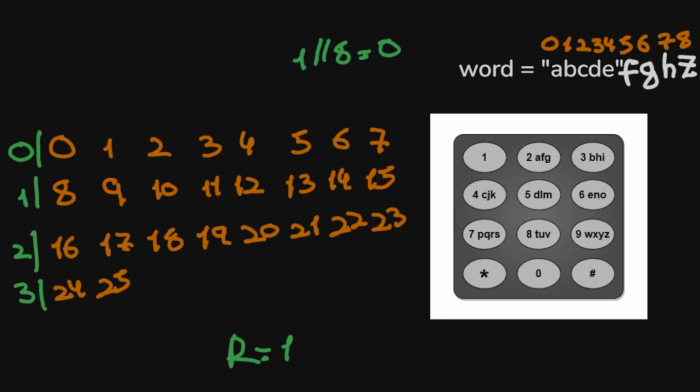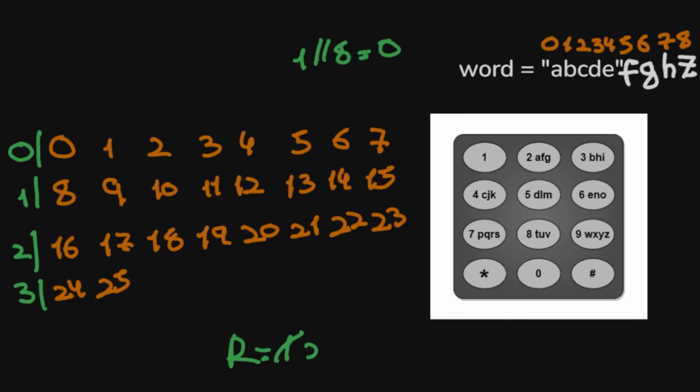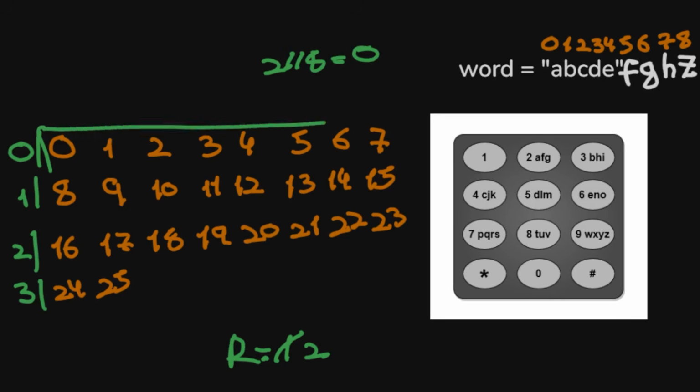So we are standing at this first block, which means that the result is now 2. We need 2 pushes for these 2 characters. Next we are standing here at index 2, so we do 2 divided by 8 and the result is 0, which means that we are still at this block. So we add 1 more to the result and this is 3.